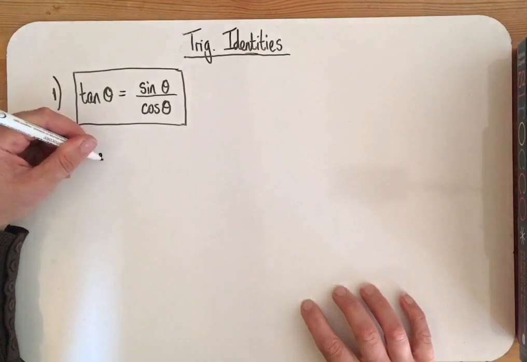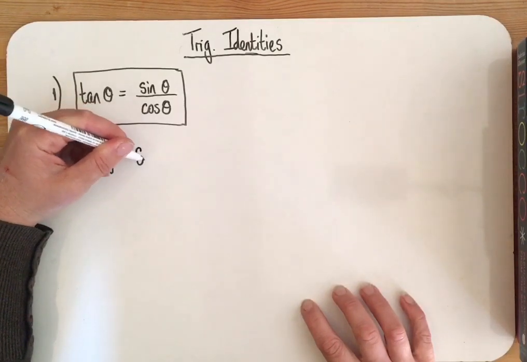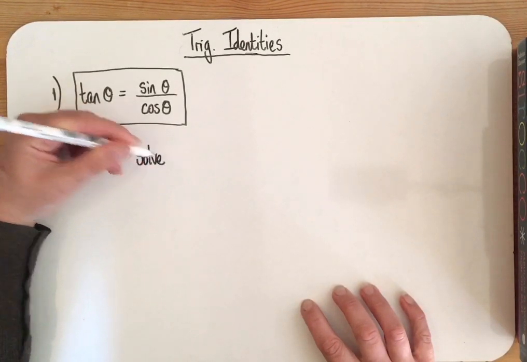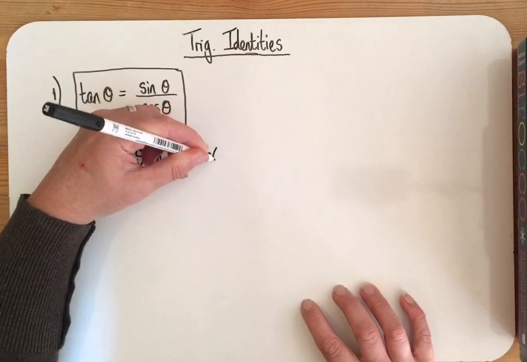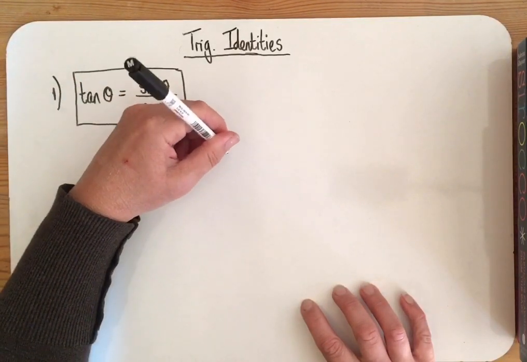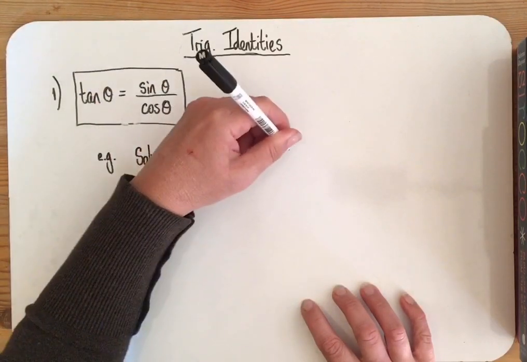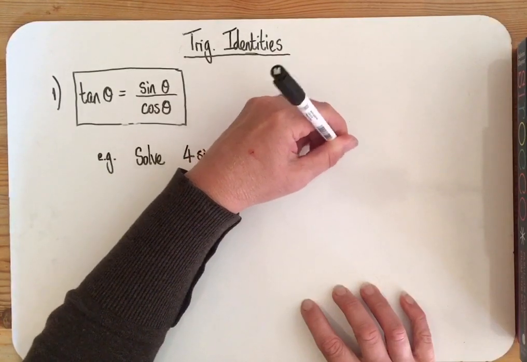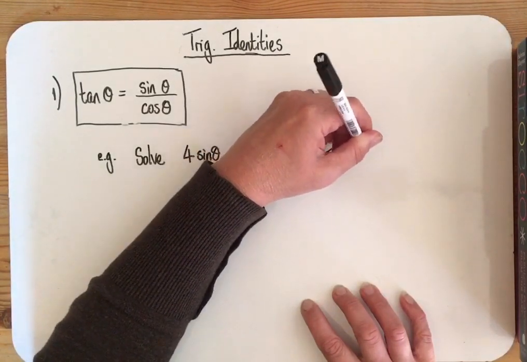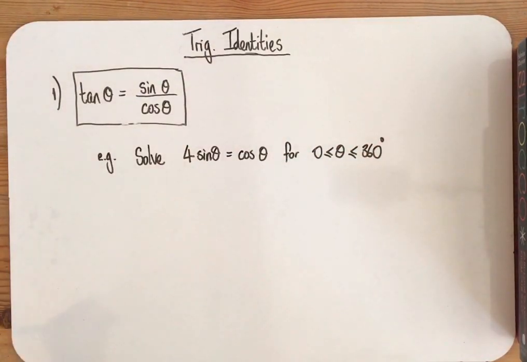So the sort of way we'll be using this trig identity is to solve equations. So we can solve for 4 sine theta equals cos theta for 0 less than or equal to theta less than or equal to 360 degrees.